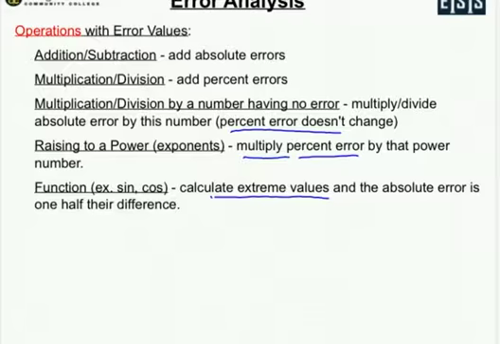So if you have a plus or minus 1, say you're doing sine, you would do the sine of the value plus 1, and then take sine of that value at a minus 1 to get your two extreme values. And then your absolute error is 1/2 of the difference between those two numbers. So it's just a methodology to use when you're using a function involved with a measurement number.